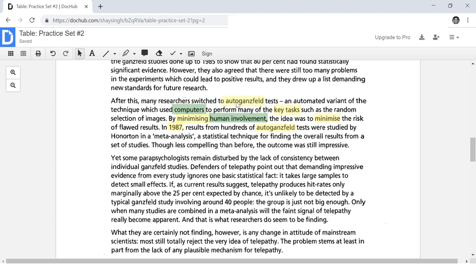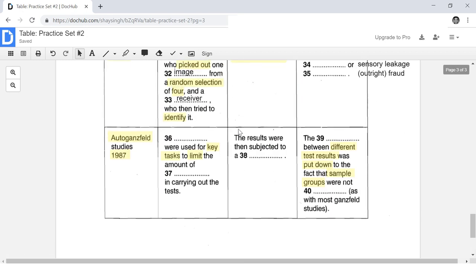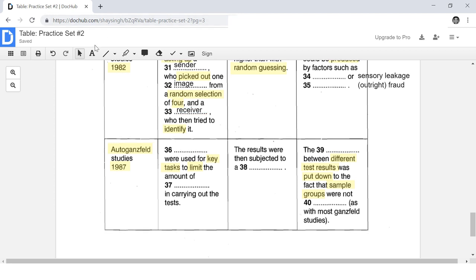Something that was used to perform key tasks was used to limit something else. So right here, number 36 is computers. And number 37 is human involvement.